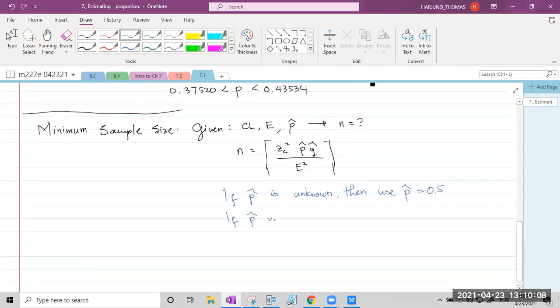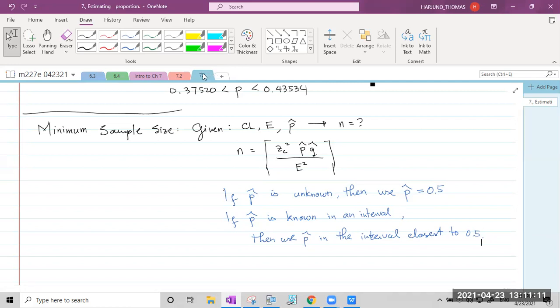If p hat is known in an interval, let's say the proportion of people vaccinated is known to be between 30% to 40%, but we don't know precisely, then use the p hat in the interval closest to 0.5. But we will work on that next week.